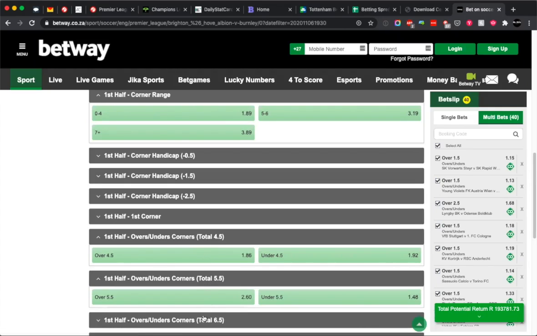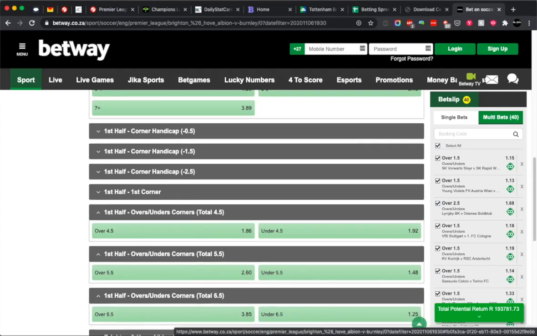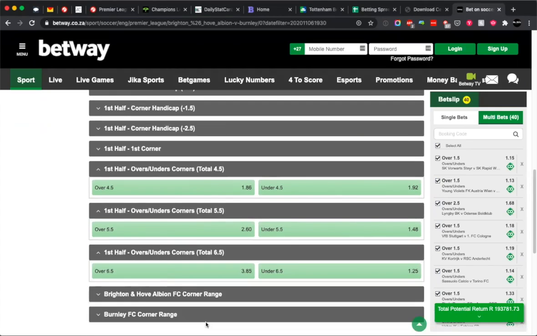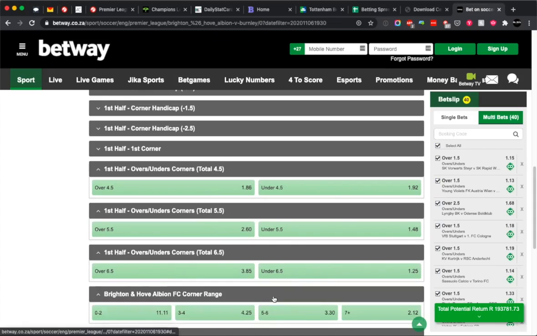And there's over 5.5, and then there's the 6.5 market, which for teams that don't take a lot of corners, the under 6.5 market for the first half is a good market to look at. And it'll save you guys a lot of stress because you don't have to wait for the whole game.